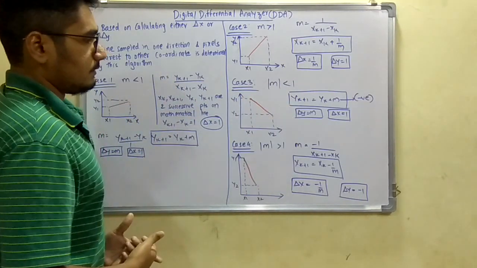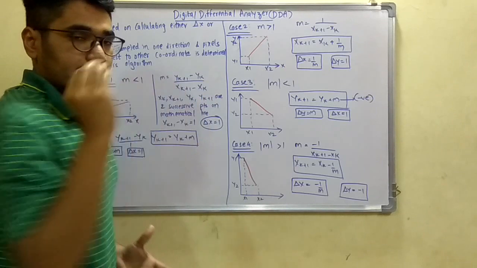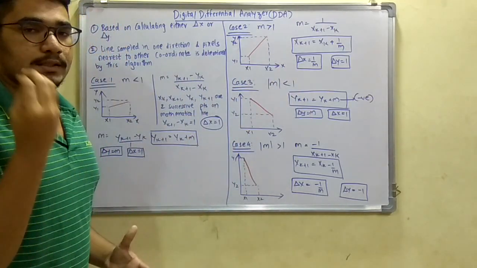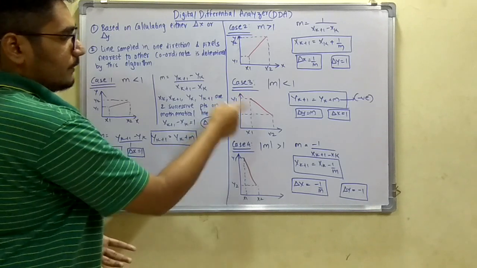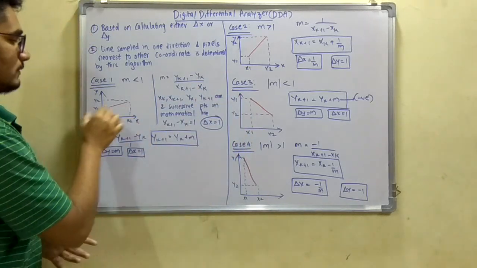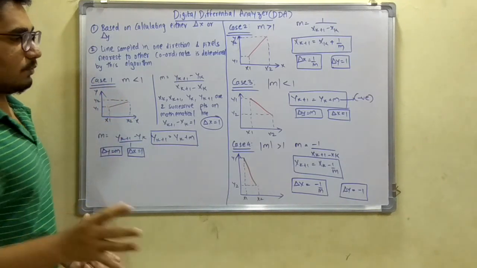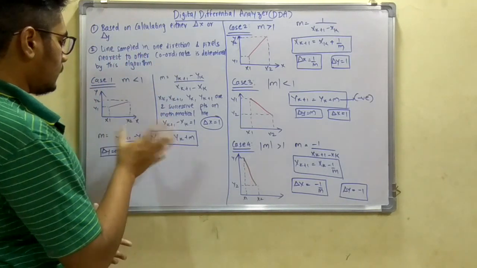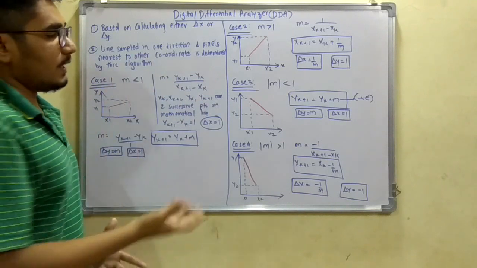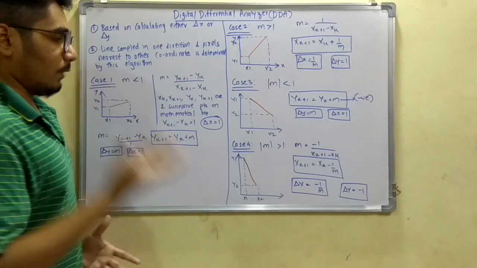Rest all things remain the same, but care has to be taken that the slope which is used here is only the negative slope. When you get a slope right here, it is determined as a negative slope, whereas when you get here, it is a positive slope.